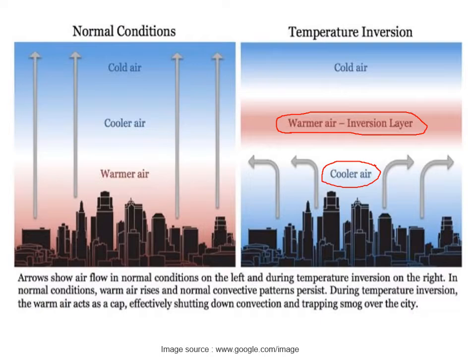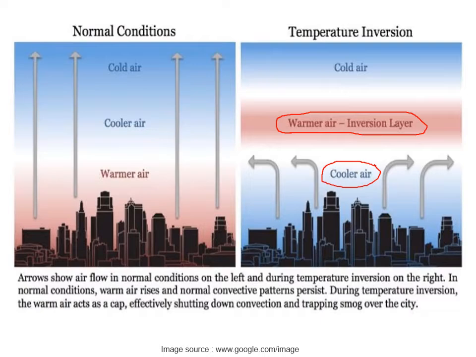Now when this cooler air comes close to this inversion layer, the warmer layer, the water molecules in the cooler air that are slightly cool become warm when they are in connection with this warmer layer.